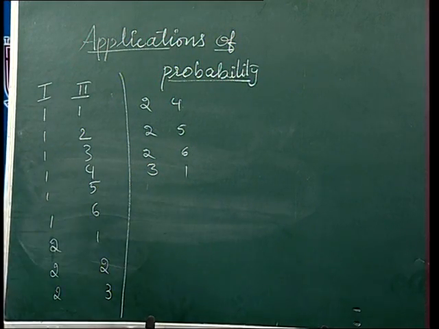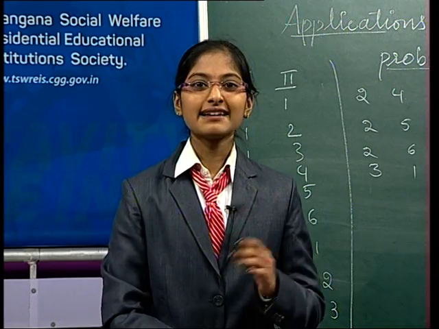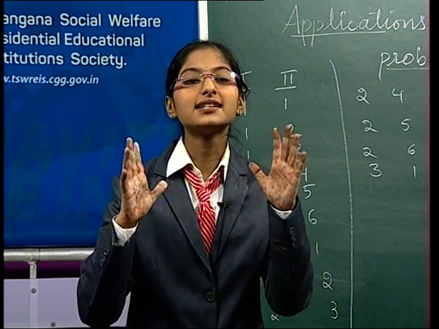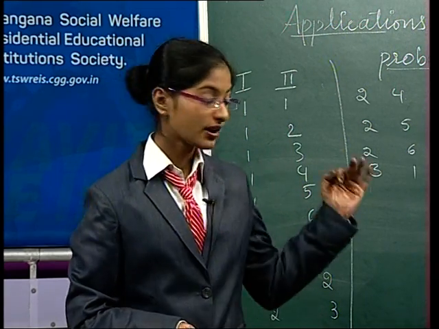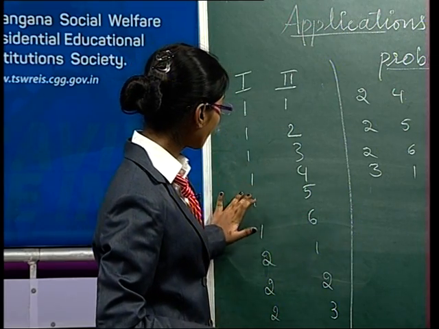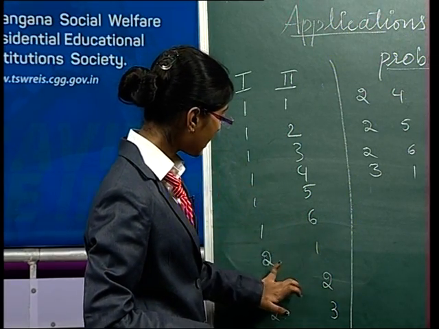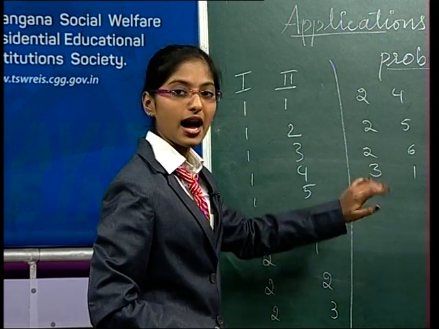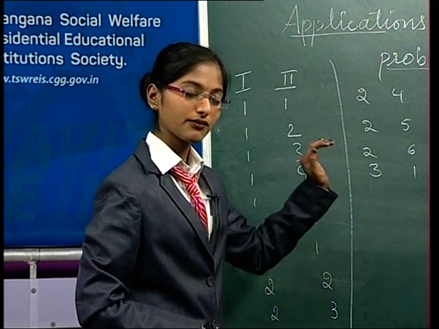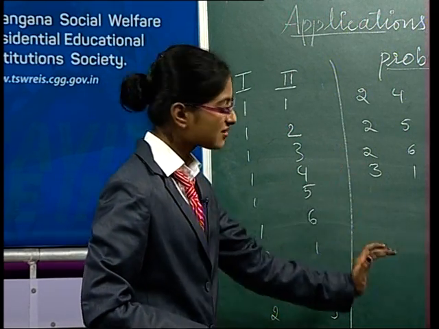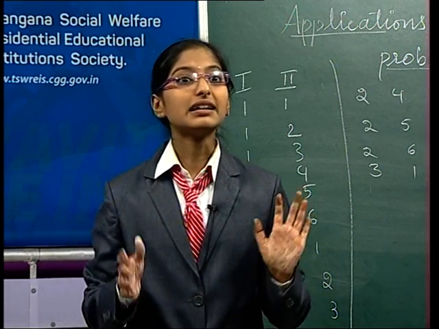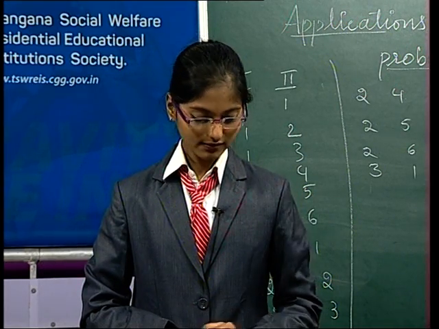So, when we write like this, we will come up to 36 total outcomes. When we count it here 1, 2, 3, 4, 5, 6 and next one is 7, 8, 9, 10, 11, 12. Up to 2 taken, we got 12. When we write up to 6 like this, we will get 36 outcomes.